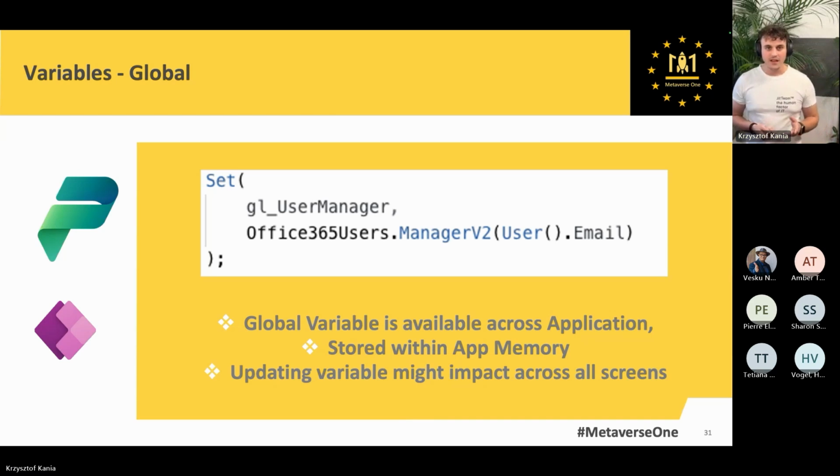So is it good or is it bad? It all depends on the use case. There are some variables that we would like to have available everywhere, but you have to make sure that you update that variable really carefully, because if it's being utilized in plenty of places, then a wrong update can cause an issue and the rest of the app can fail.